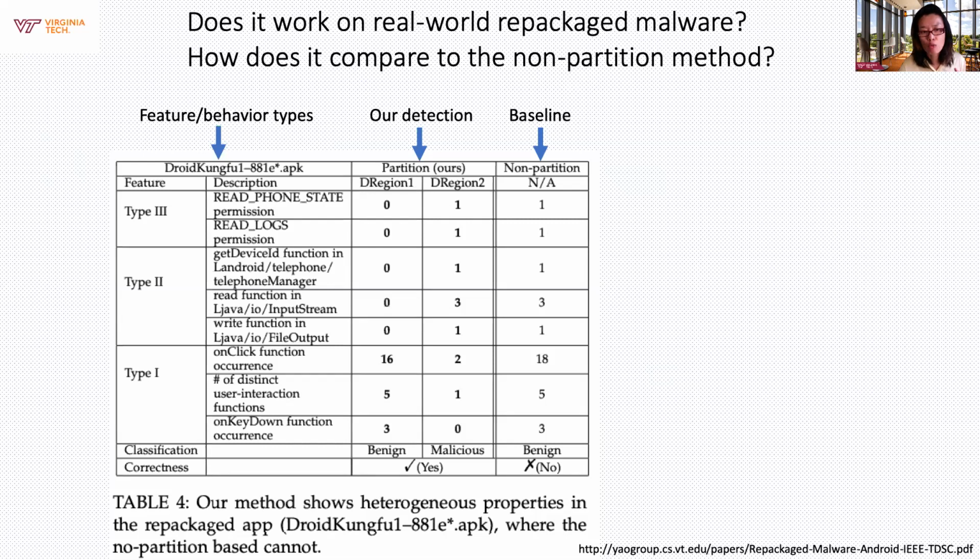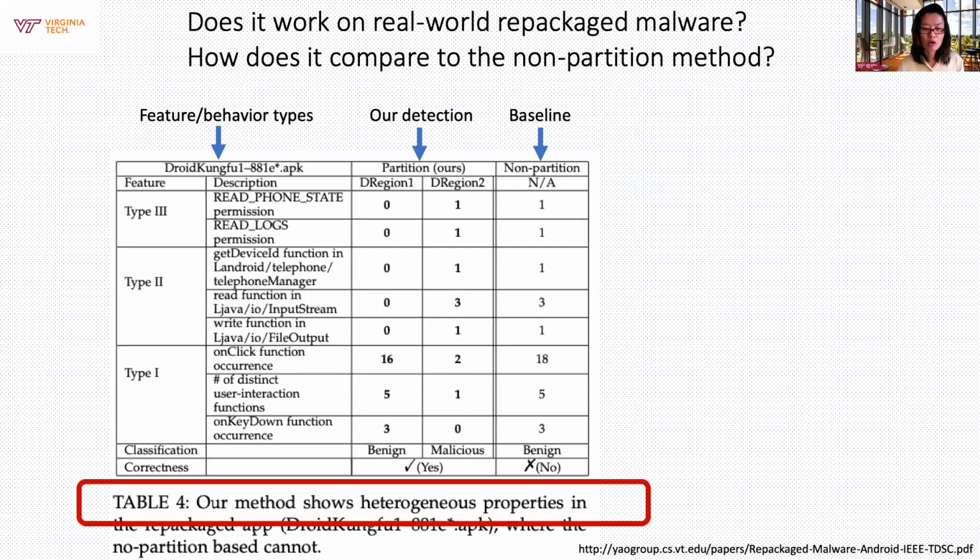The second region particularly calls a whole bunch of sensitive permission Android functions, and then we have a heuristic, a sort of policy that looks at the frequency and the type of permission, and then decides whether it is malicious. And it turns out our prediction is correct.